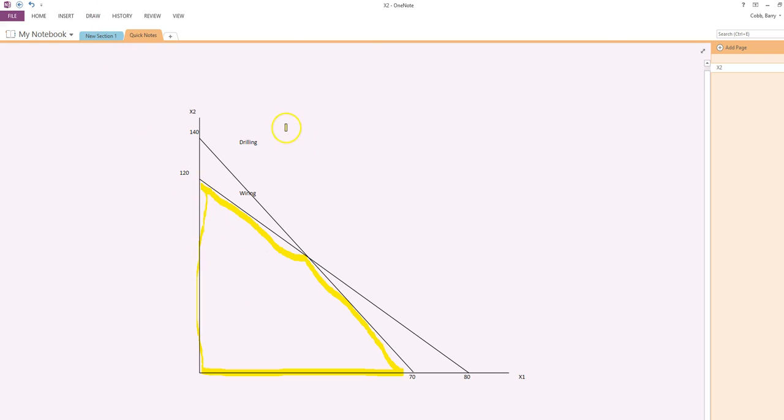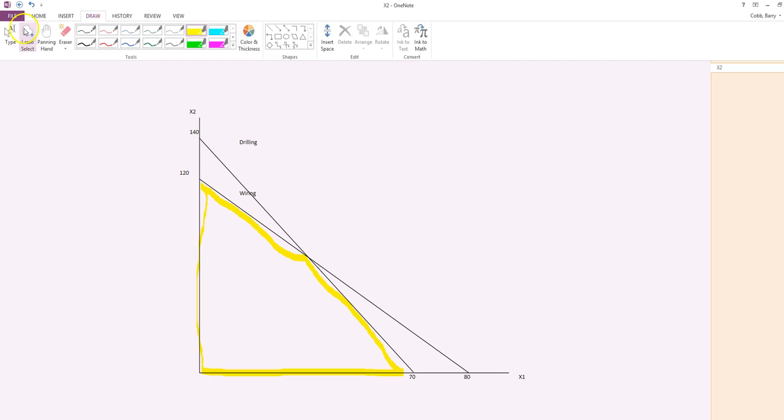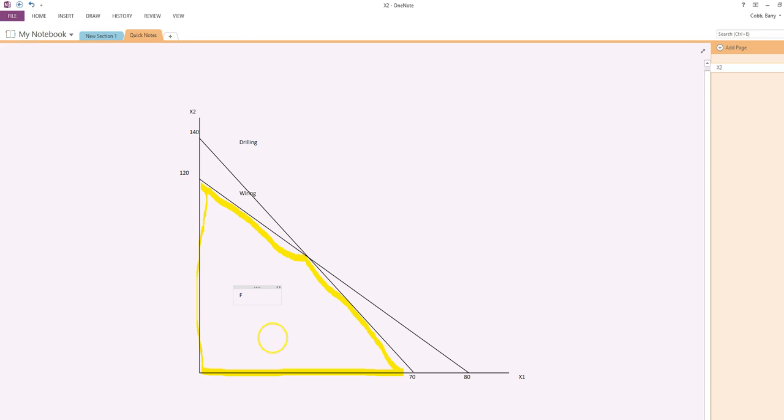We need to choose a solution to our problem that lies in this feasible region. Because this is a profit maximization problem, we'd like to produce as many units of each product as possible, but the resources constrict us.